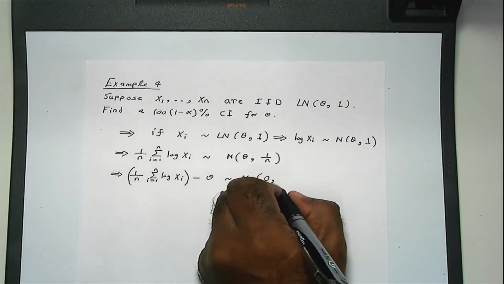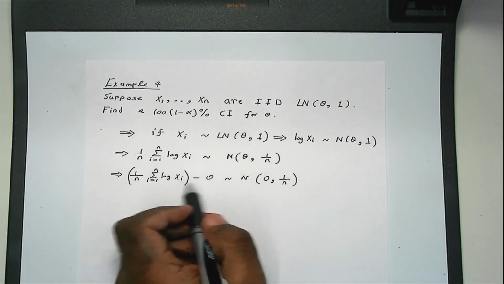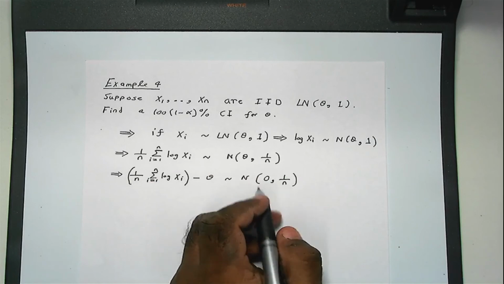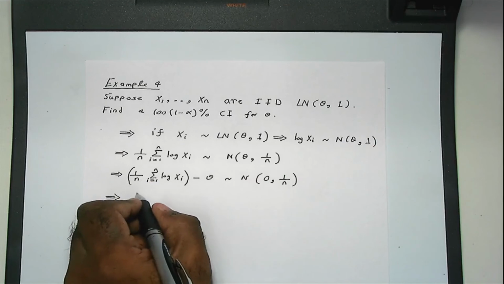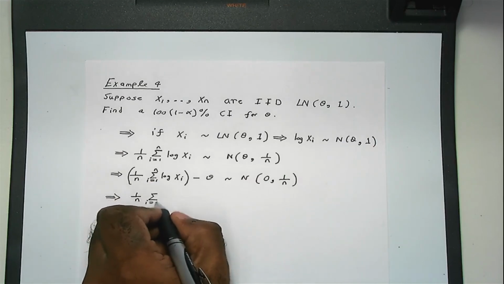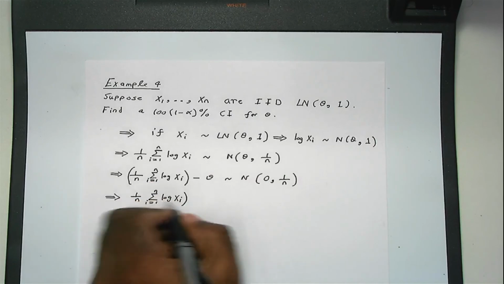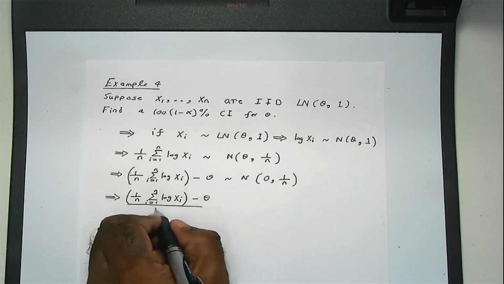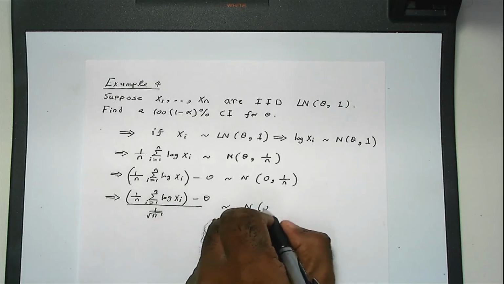Now if you subtract theta from both sides, you get normal with 0 mean and variance 1 over n. Now if you standardize by dividing by the standard deviation, so I'm going to divide by the square root of the variance, which is 1 over root of n, you will get the standard normal distribution.